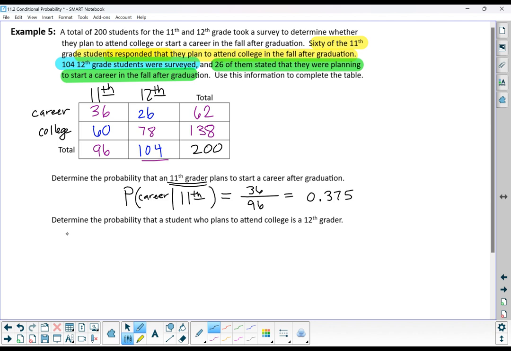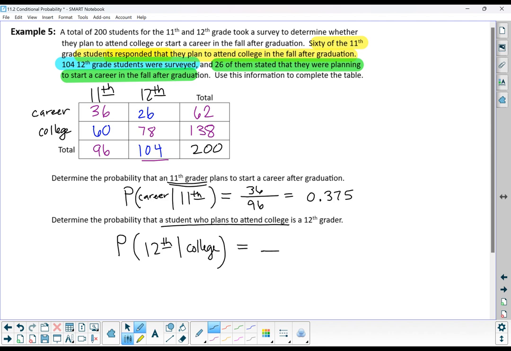Next question, last question. Determine the probability that a student who plans to attend college is an 11th grader. So a student who plans to attend college, that's our given. And we want to know the probability that one of those students is a 12th grader, a senior.